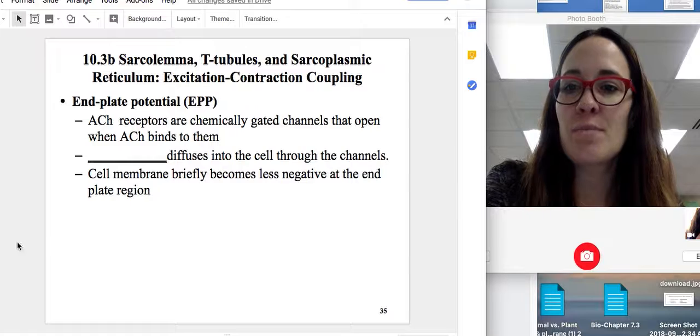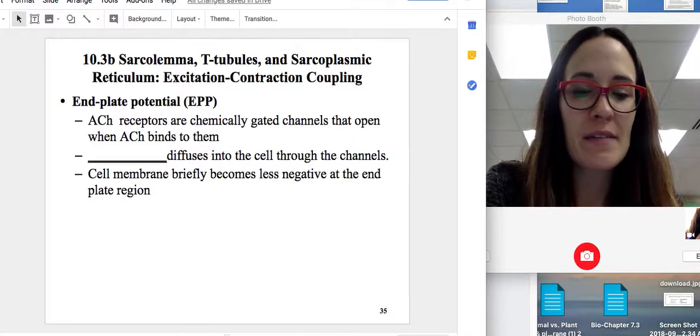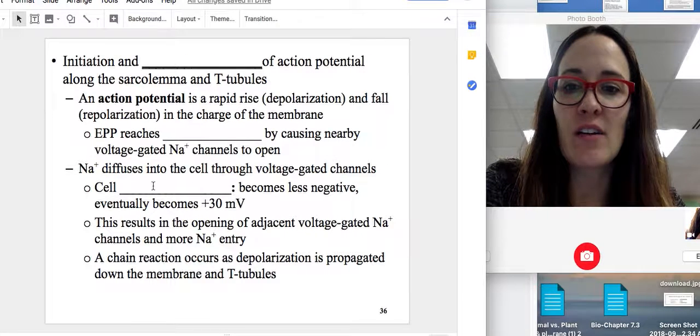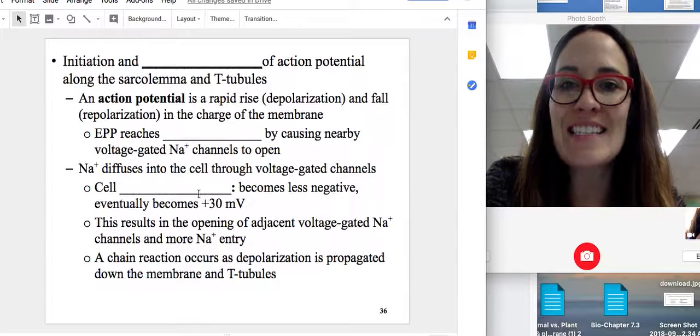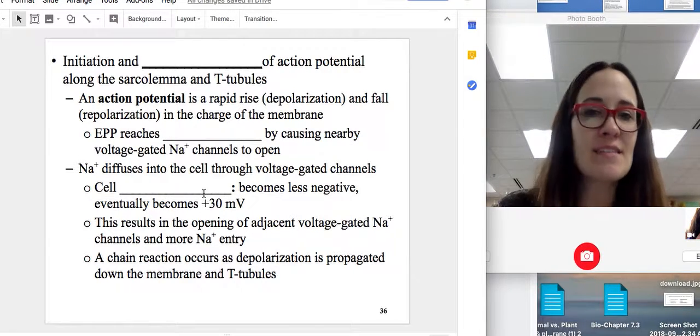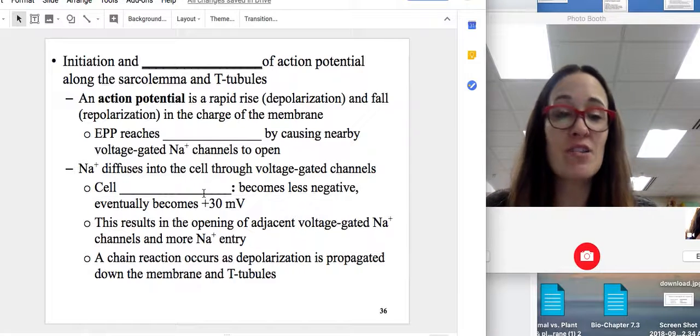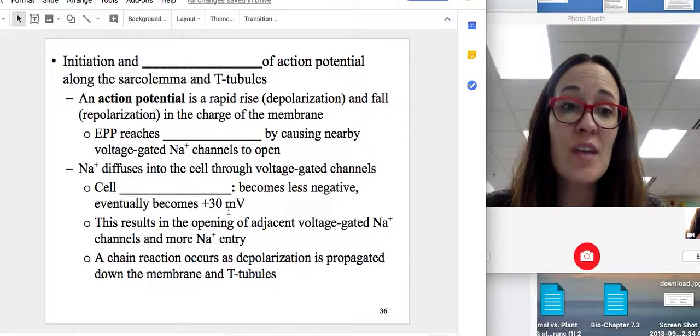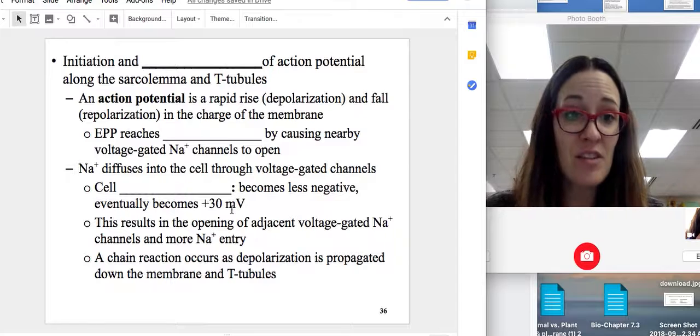Okay, oops, back. This word here is called depolarization. And you can see the word right there. The cell depolarizes, becomes less negative. Eventually, it'll let so much sodium in that it becomes plus 30 millivolts.